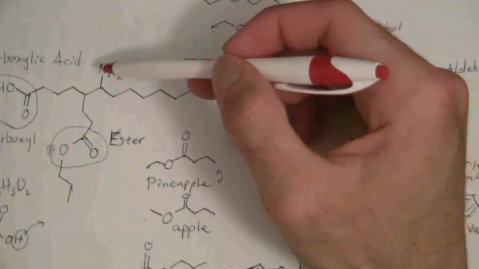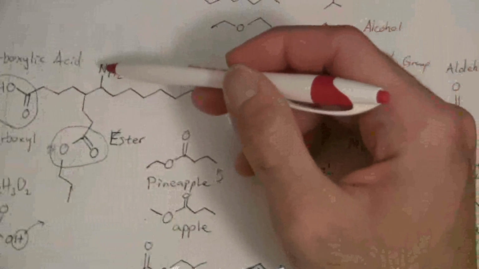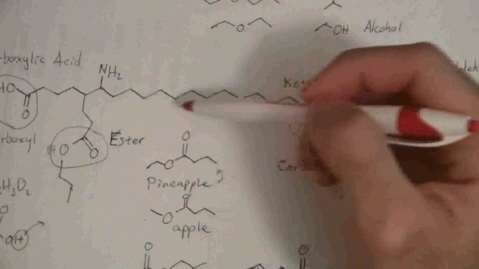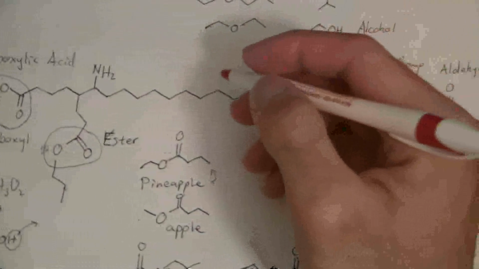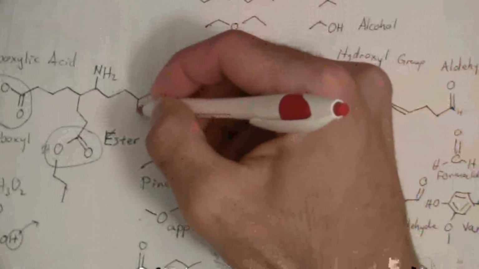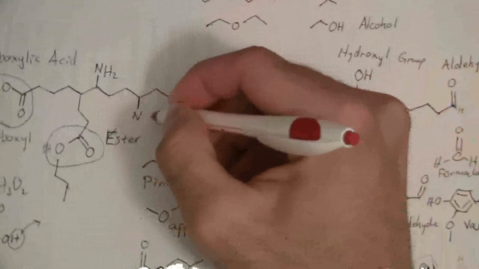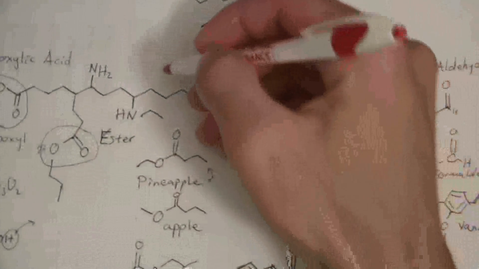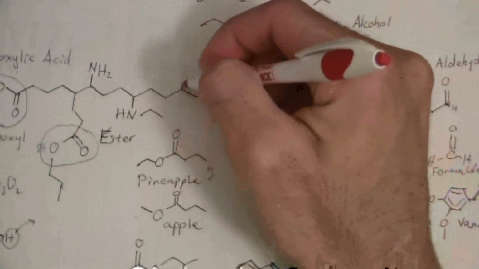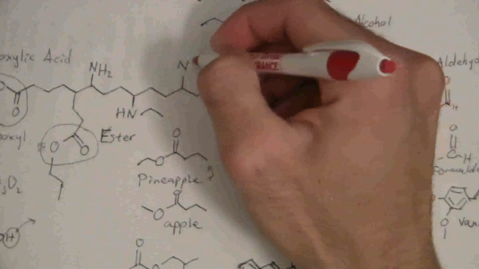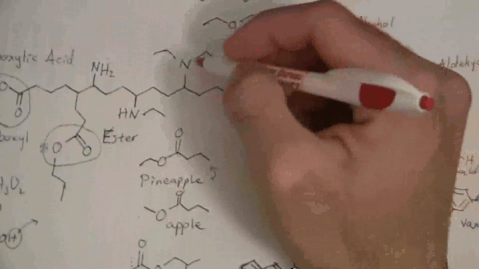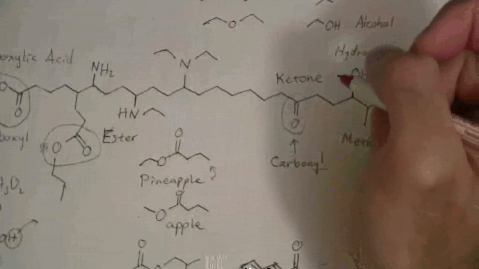But organic amines might have two hydrogens connected and with the nitrogen connected to a carbon chain, or you might have a different amine where you have two carbon chains attached and one hydrogen, or you might have an amine with three separate carbon chains all on there and no hydrogens on that nitrogen.